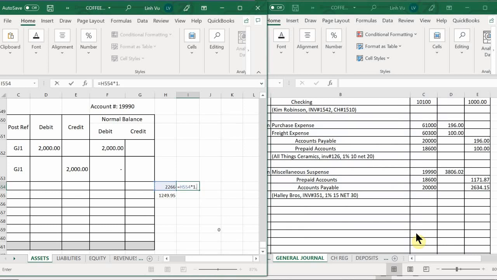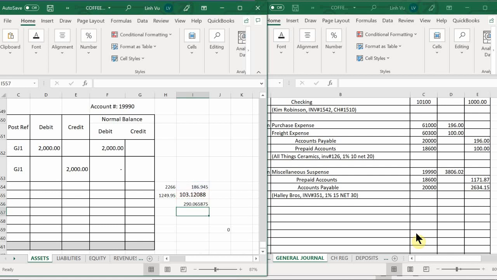So let me see the first one. It is 2,266 times 0.0825, so it's 186.95. The first one, the brewer. And then the total taxes is 290. The second one, the grinder, is 103.05506.